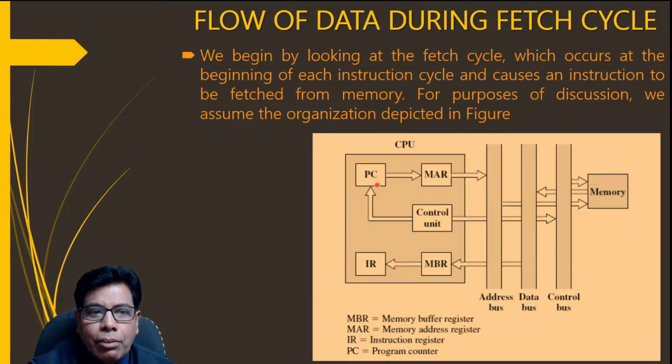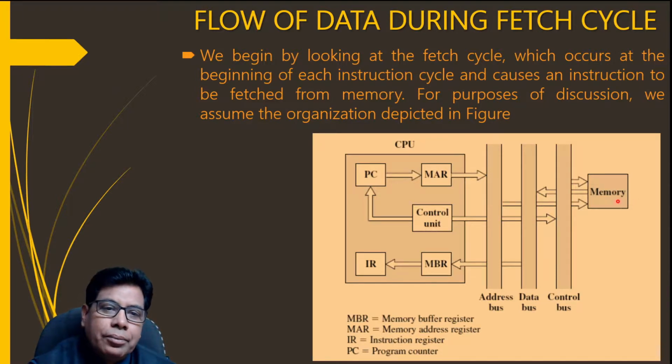Then we have the program counter. It holds the address of the next instruction to be fetched. The IR holds the last instruction fetched, and the control unit controls everything.